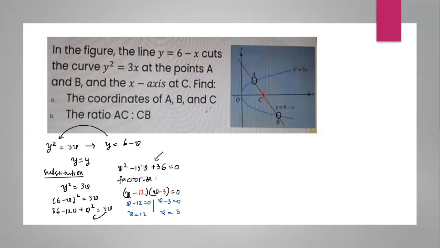Now check the graph. x equals 3 is here, and 12 is here, because x equals 3 is closer to the origin 0, 0 on the x-axis.